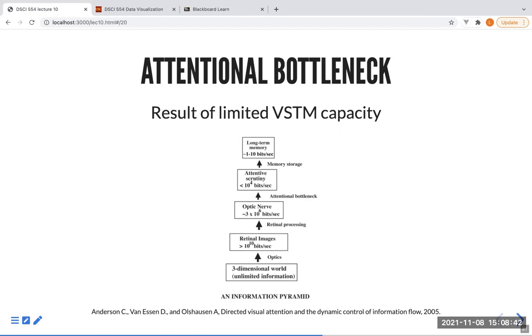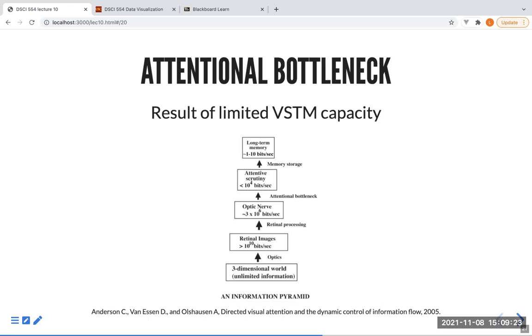So for that, we need to use the VSTM capacity to store temporarily, up to 30 seconds, the information, and that storage has a finite capacity, right? And that creates what here is called the attentional bottleneck, because you cannot put much more information into that memory store to utilize. And so you see that here we're losing orders of magnitude.